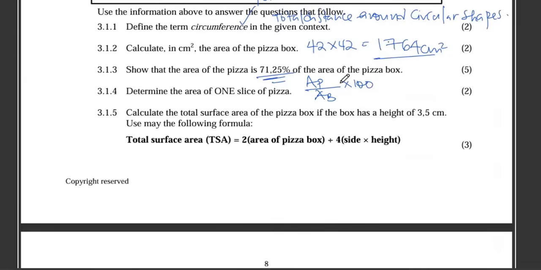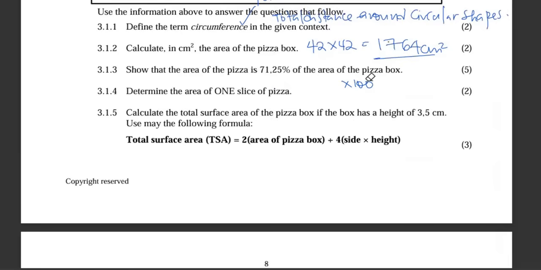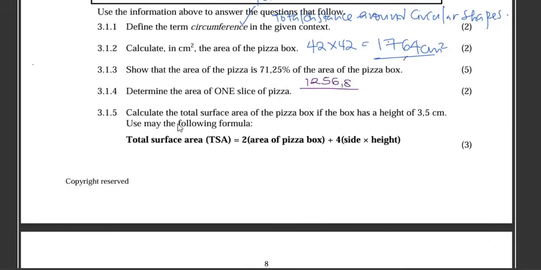We are proving this here. We are saying the area of the pizza, 1,256.8 divided by 1,764 times 100. Indeed, the answer became 71. Actually, they are saying show that. So you've showed.